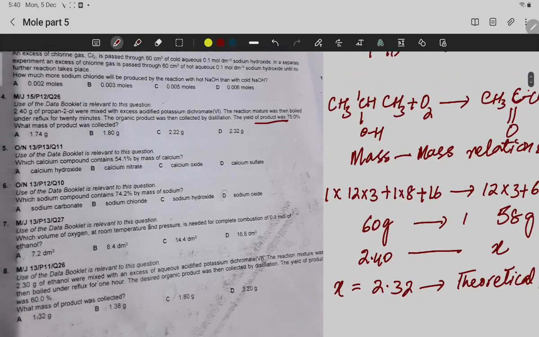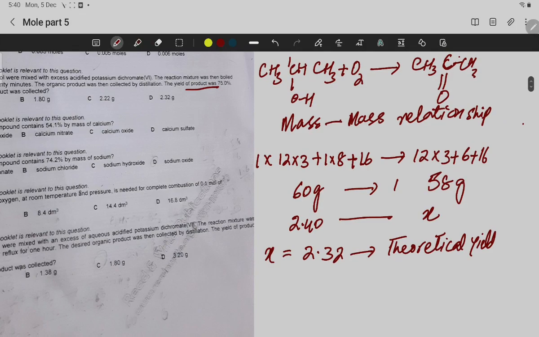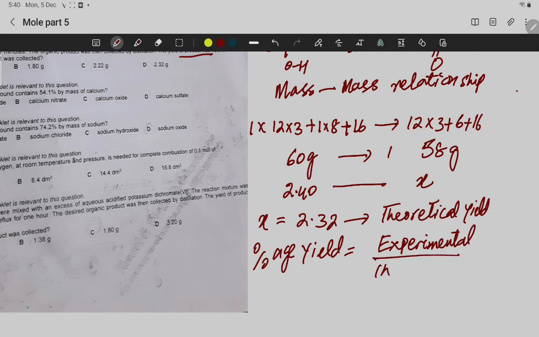Now we have 75% yield. So we know the percentage yield is equal to experimental divided by theoretical into 100.